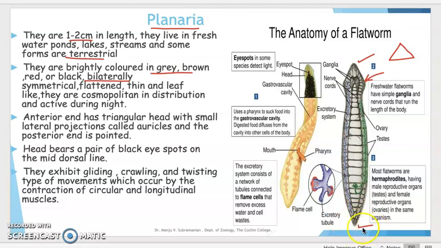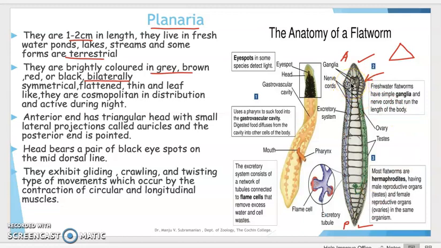Here you can see the posterior end is pointed. The mouth is present on the ventral side, and the head bears a pair of black eye spots on the mid dorsal line.